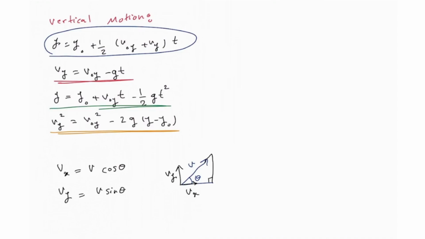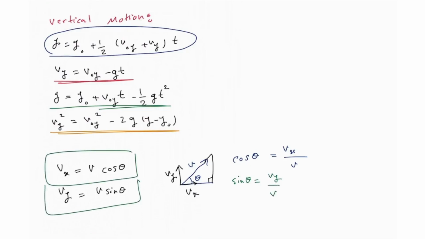And we know that in a right triangle, cosine of theta is equal to the adjacent side divided by hypotenuse, and sine of theta is equal to the opposite side divided by hypotenuse. So that's why we end up with these two expressions for Vx and Vy.